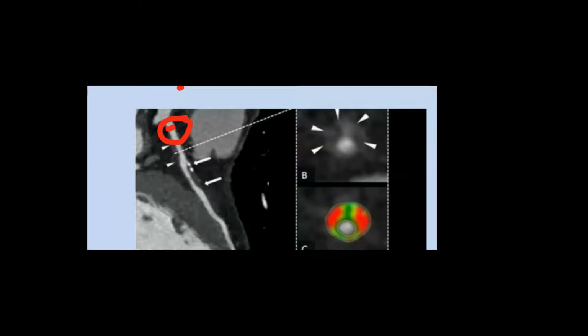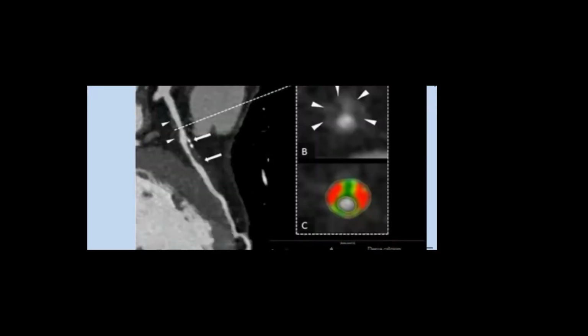The segment down is from here to here, from the outer wall to the outer wall. So now I compare the two. That will reflect the amount of positive remodeling. Okay? Okay. Yes.